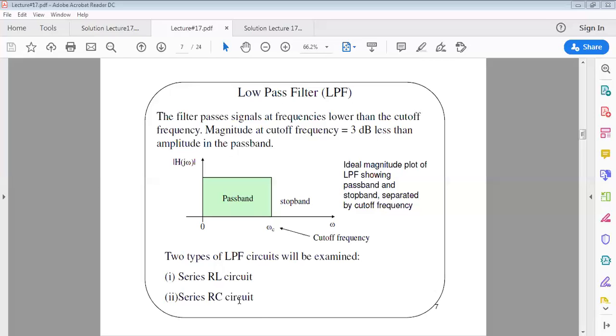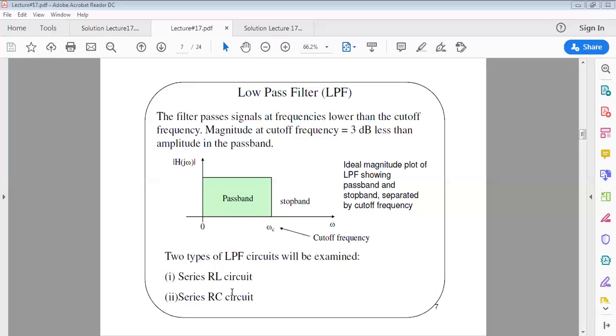The number of reactive components will determine the filter order. In this particular case, since both the RL circuit and the RC circuit have only a single reactive component, we consider this a first order filter.